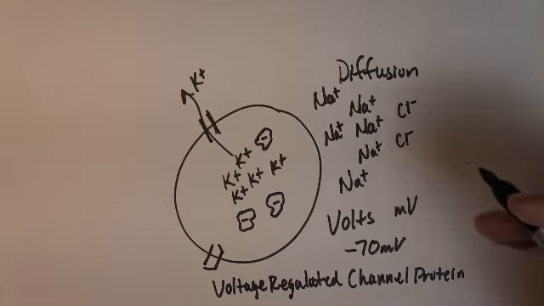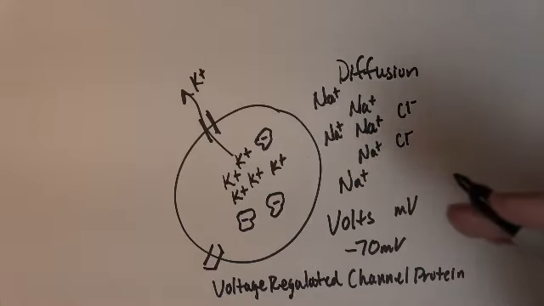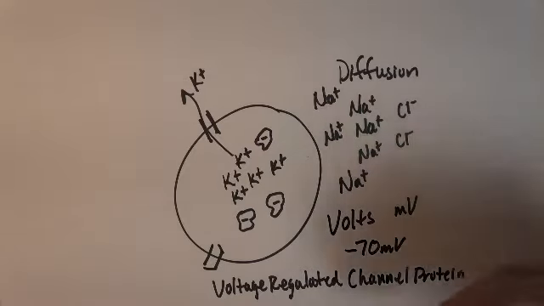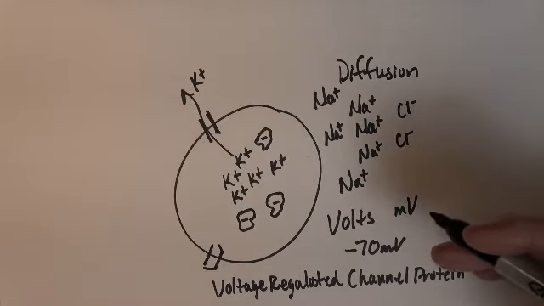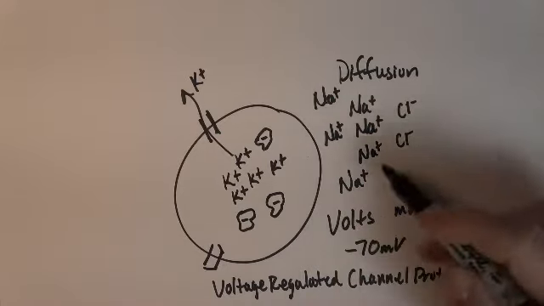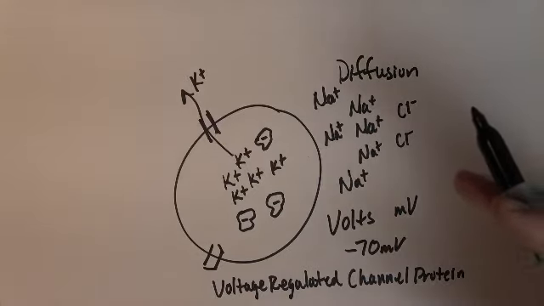So there's a voltage regulated sodium channel protein, and there is one for potassium. The sodium one actually will open and allow sodium in when the difference hits about -70 to -55 millivolts.